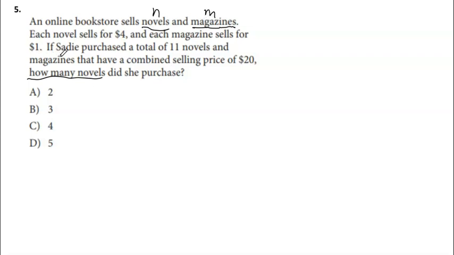So this is how it looks. It says Sadie purchased a total of 11 novels. So here we've established that we have n novels plus m magazines. So we write that down. That's equal to 11. So that's our first equation. N novels plus m magazines equal to 11, right? And we're saying that each novel costs $4.